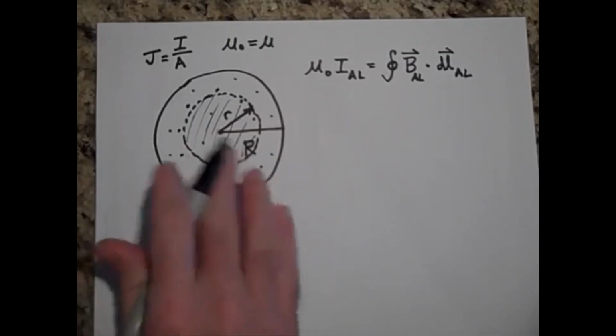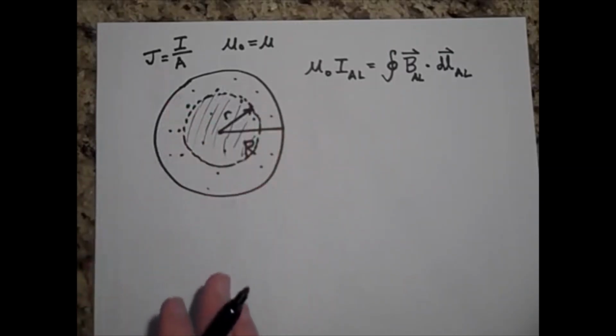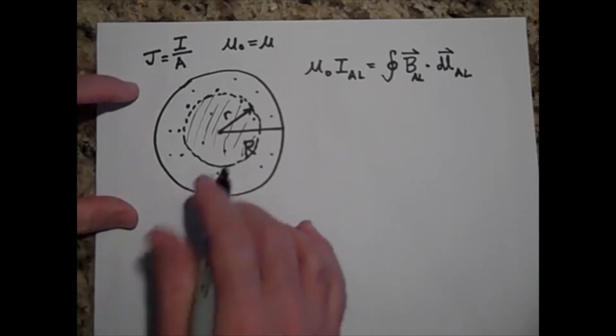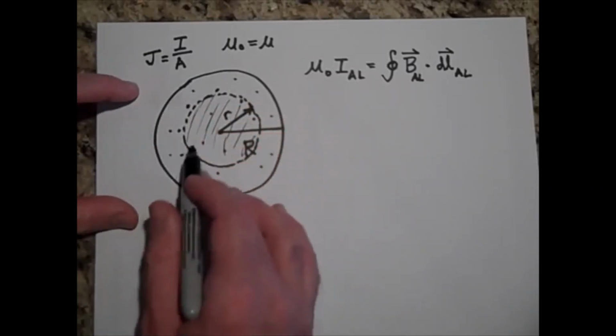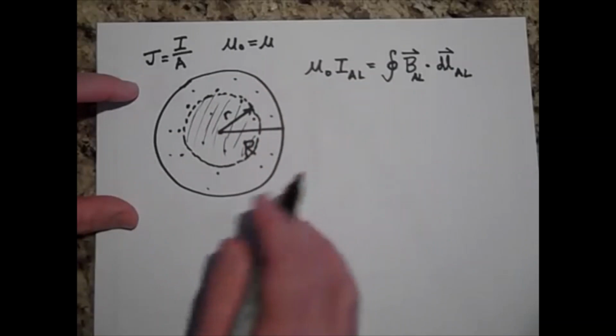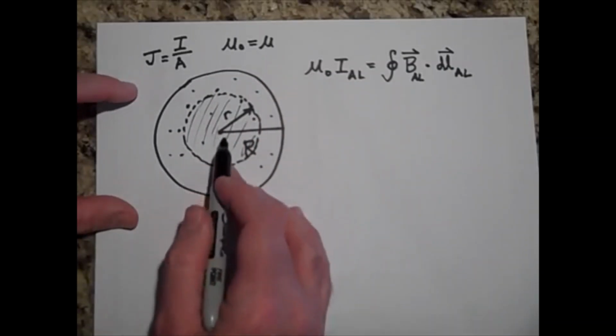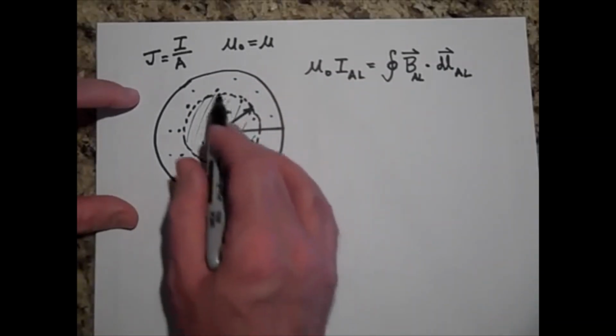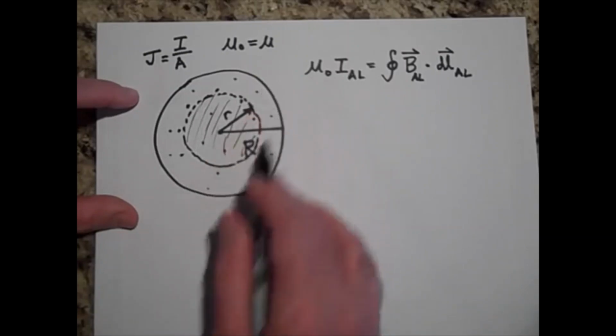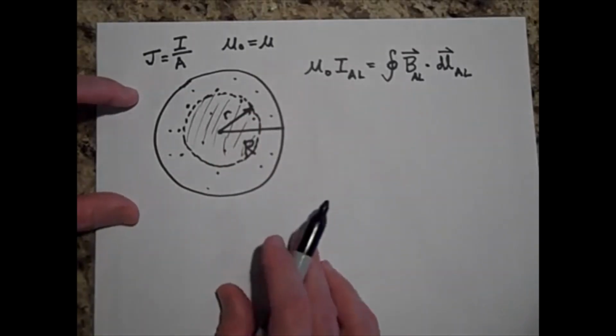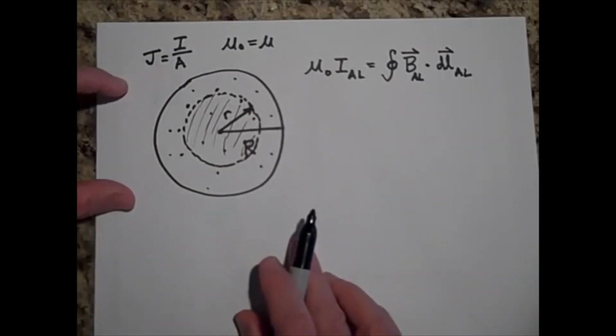I'll talk more about why that is a cancellation effect in a later video, but for right now, the only thing that's going to matter, according to Ampere's law, is the I that's enclosed. All the rest of it cancels. Kind of like in Gauss's law, where we said the same thing.